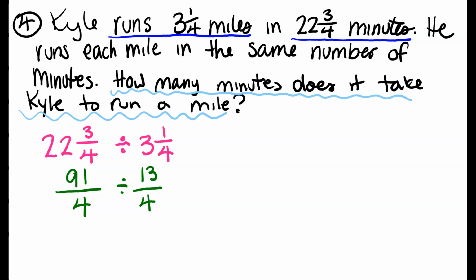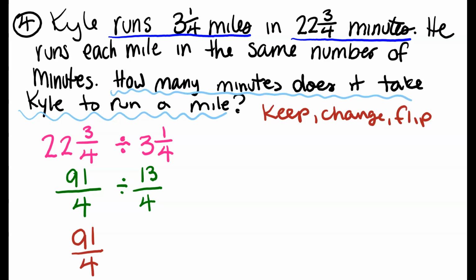I know I'm going to have to do keep, change, flip. I'm going to keep 91 over 4. I'm going to change my division to be multiplication. And I'm going to flip, or find the reciprocal of 13 over 4, which is 4 over 13.